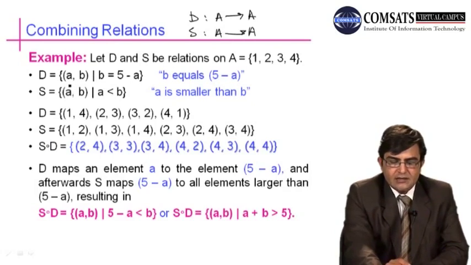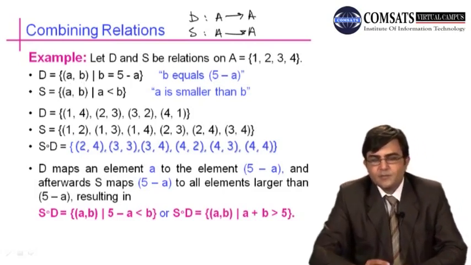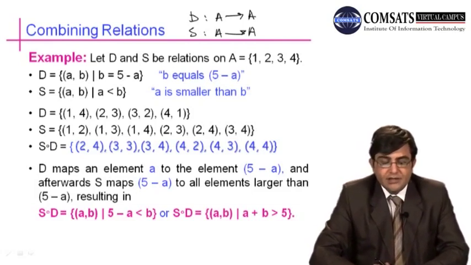It means if we choose a to be any element of A, then b must be 5 minus a. So this is the relation between the elements of the ordered pairs in D.